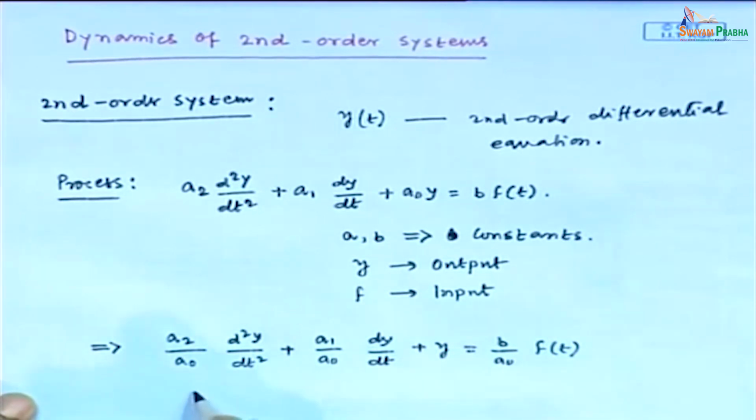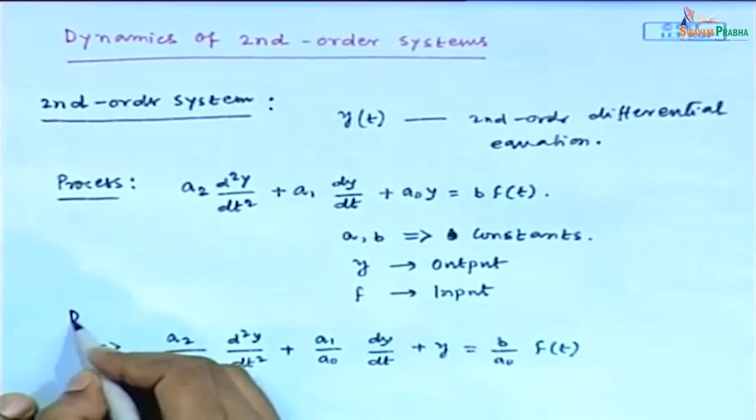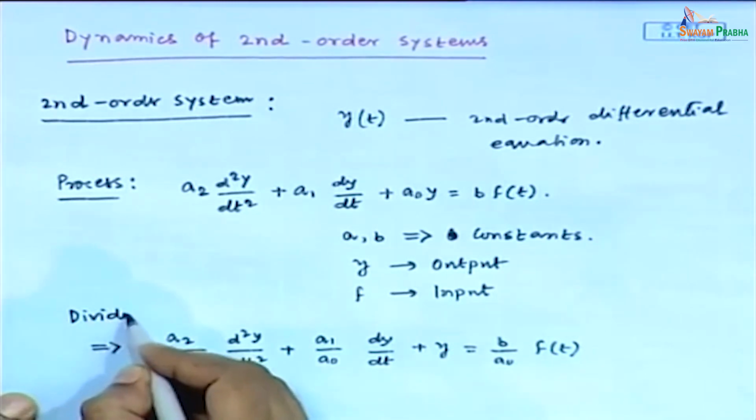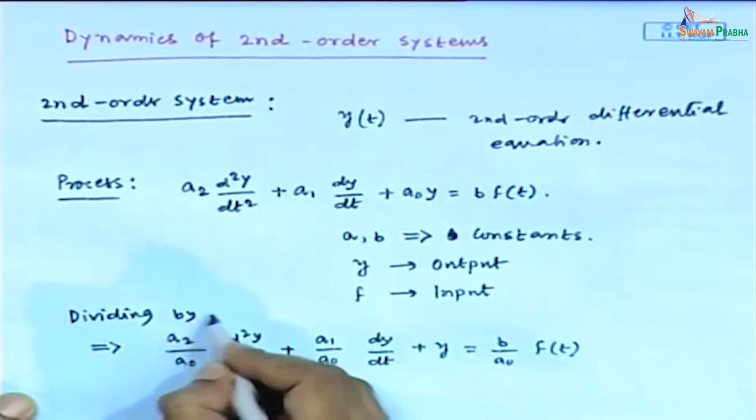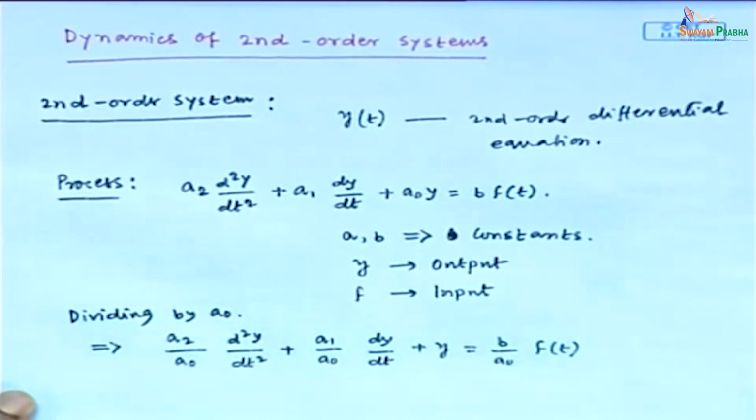This equation we get by dividing both sides by A naught.